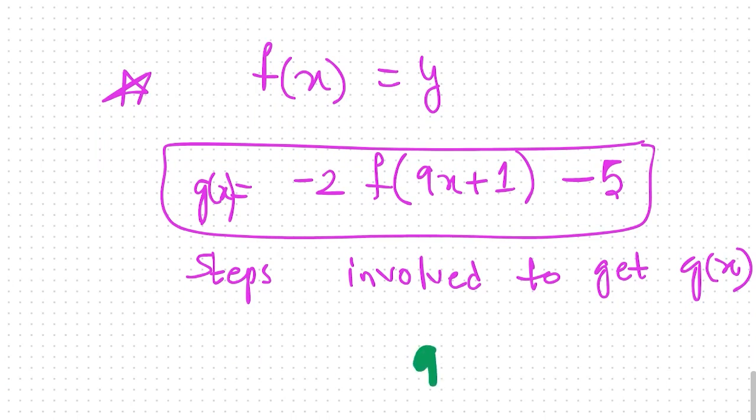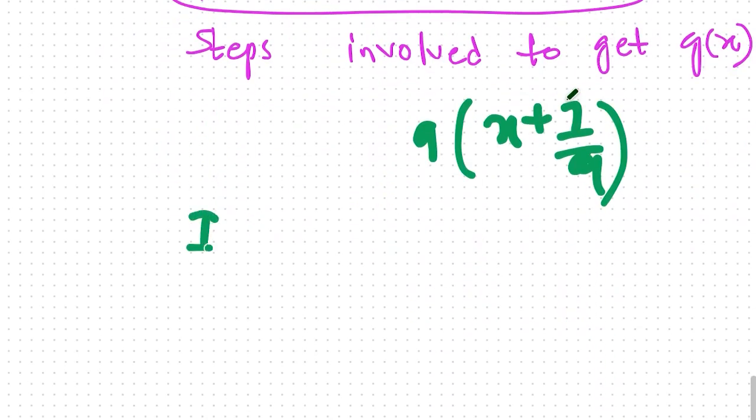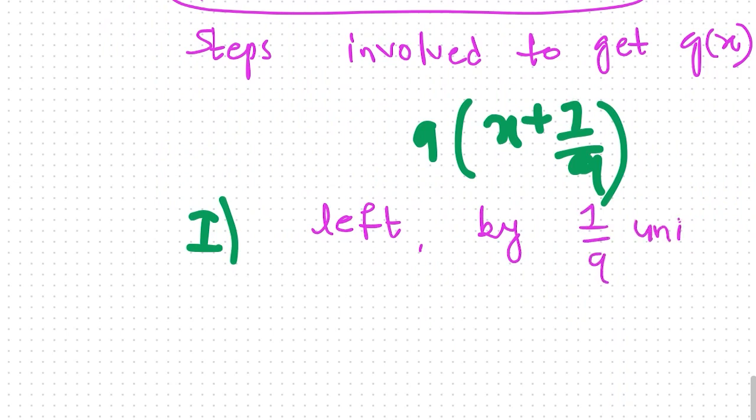What you need to do is take the 9 out and make it 0. So you move to the left by 1/9. So x plus 1 by 9, right? So step number 1 is left by 1 by 9 units.